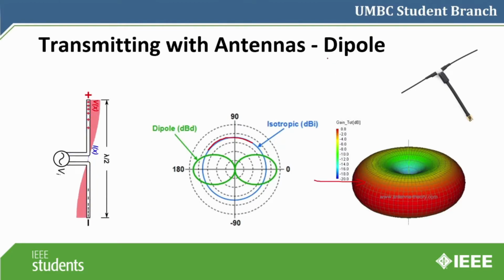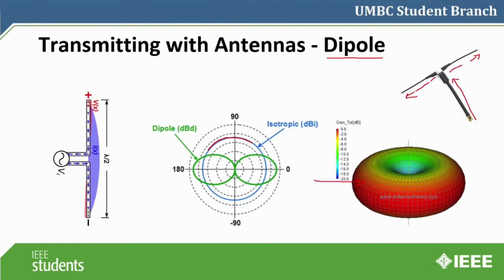And a really common antenna is called the dipole, which just means that you have your signal coming in, and then it goes out to each wire. And you can see that here in the animation on the left. You can see the oscillation of the voltage and the current as it moves through the wire.